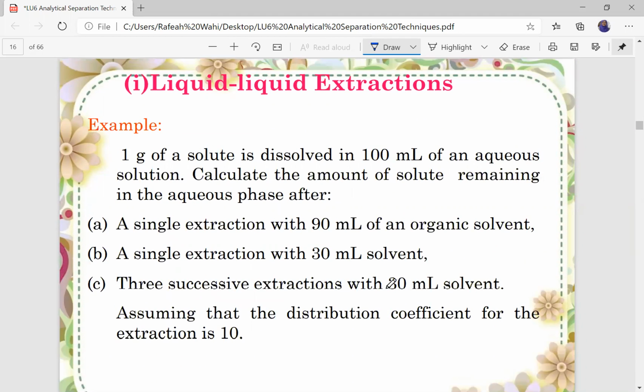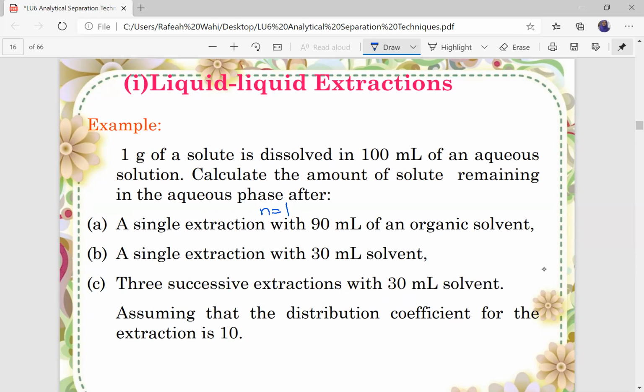If you look at the example for liquid extraction here, an example of calculation, let's say you have 1 gram of solute dissolved in 100 ml of aqueous solution. Calculate the amount of solute remaining in the aqueous phase after A, a single extraction, meaning here n is equal to 1, with 90 ml of an organic solvent.